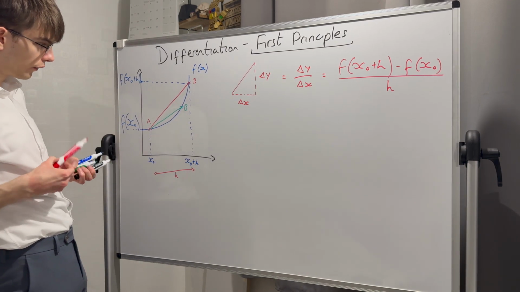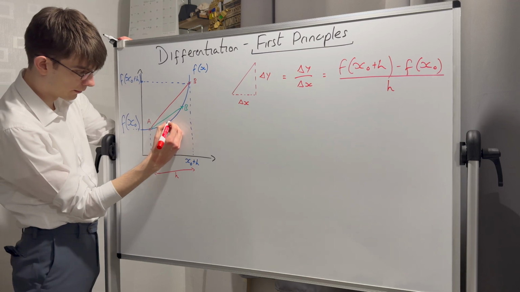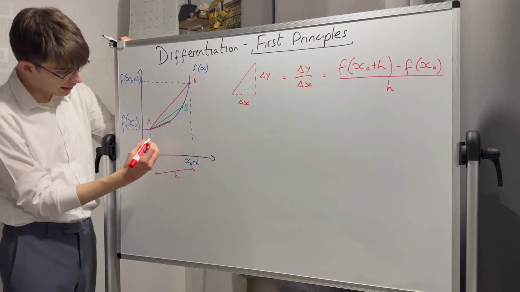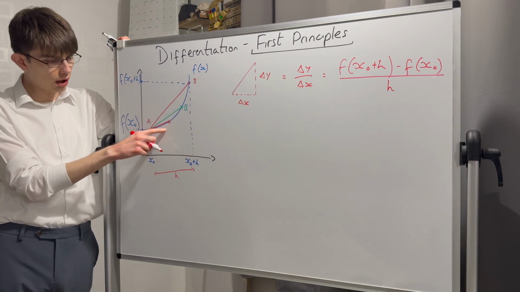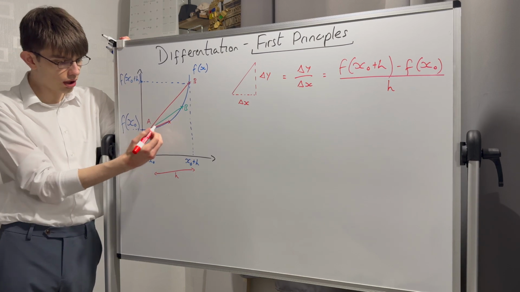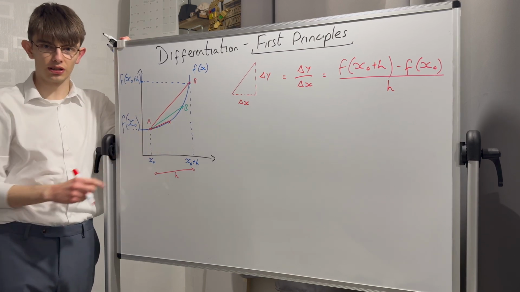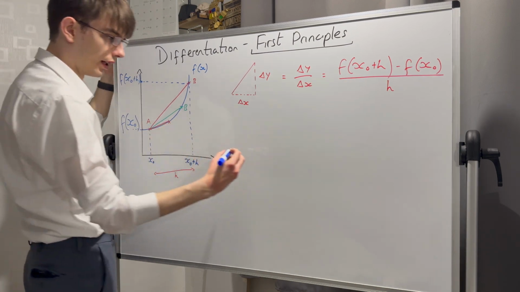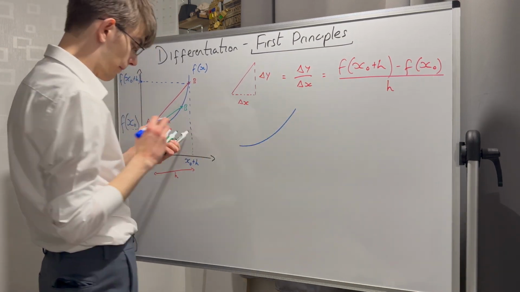Well then, what if my B moves even closer? Well, if my B moves down here, it's almost like my straight line between them is lying directly on the line. There's a little gap, but it's close. I'm just going to draw this a little bit bigger over here because I'm running out of room.